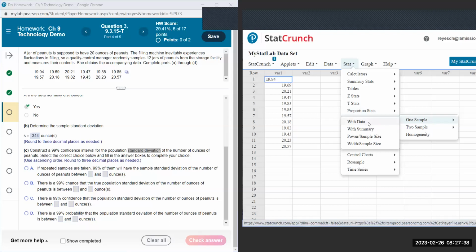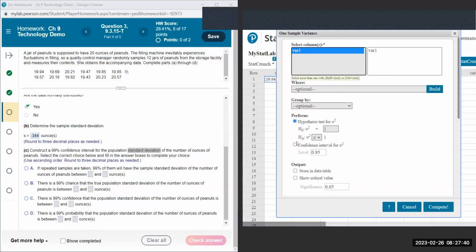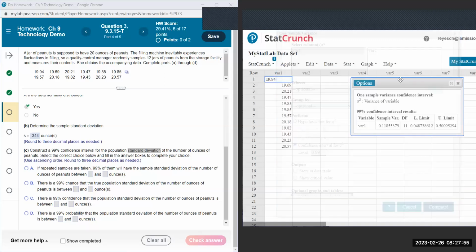One sample, we have the data. Let's choose our variable, choose the confidence. Now, always be careful. We might have to modify the level. So this one says 99. So let's go ahead and select that, make it 99. Okay, so here's the variance. It's not standard deviation.